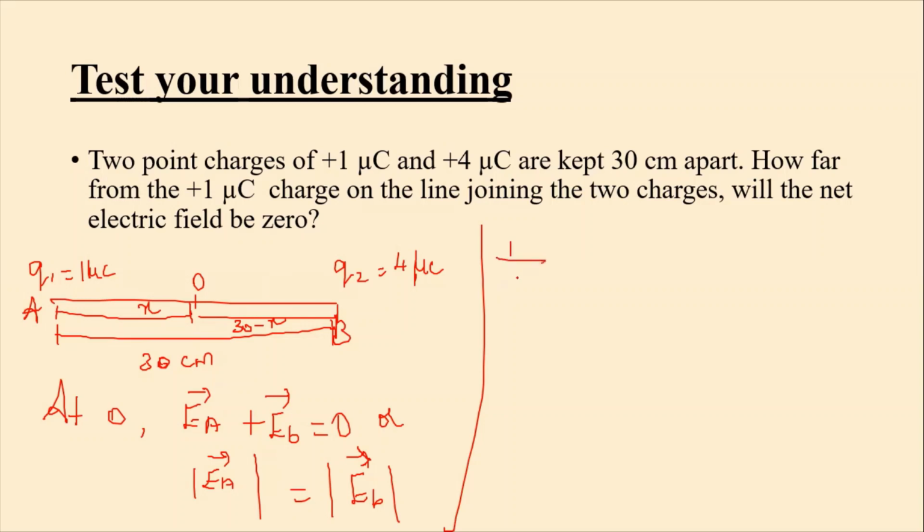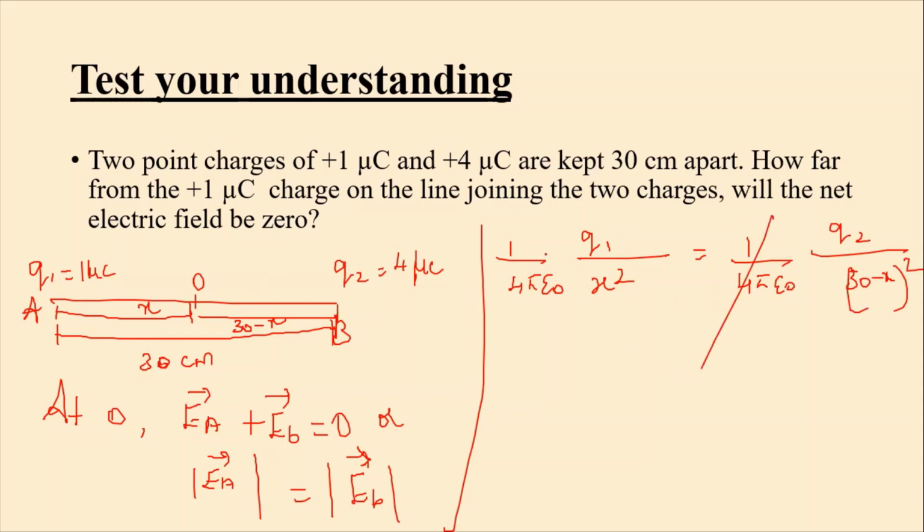Okay. So now equate both EA and EB. You will get 1 by 4 pi epsilon naught Q1 by X square. Because here it is field, only one charge will be involved. Don't get confused with Coulomb's law force. Okay. So here it will be Q2 by 30 minus X the whole square.